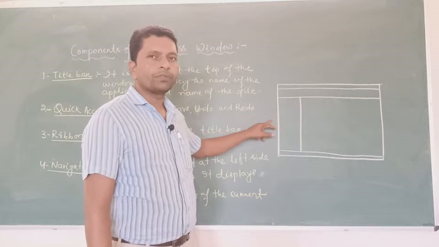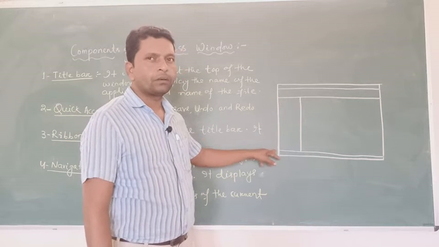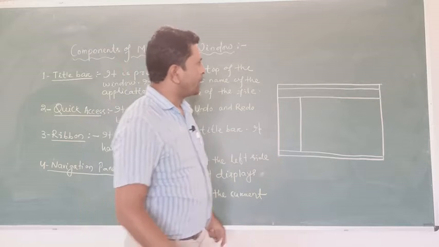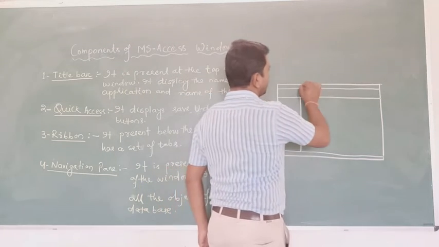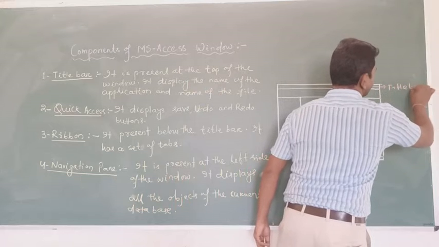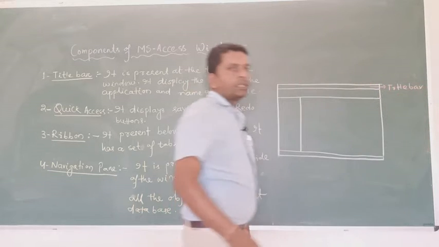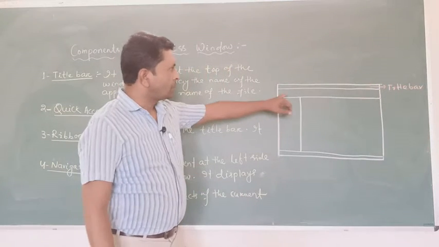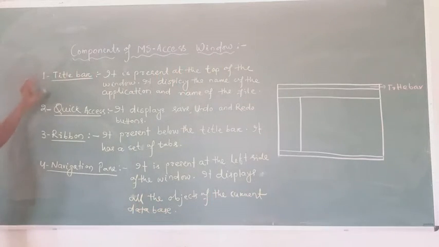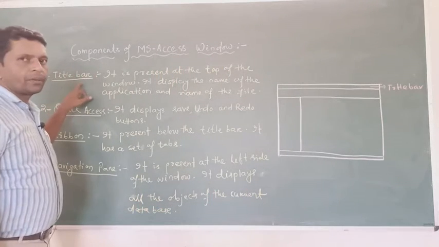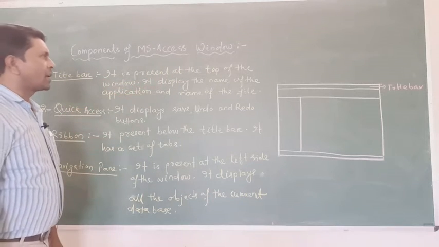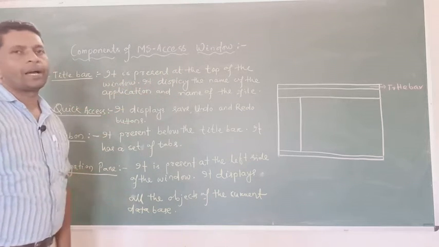When you open MS Access, your window will open, and it looks like this. Here, this is the title bar. This is called the title bar, and it is one of the components in the MS Access window. The title bar is present at the top of the window and it displays the name of the application and the name of the file also.